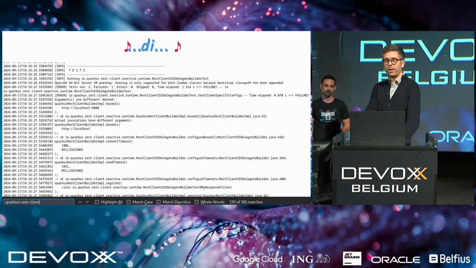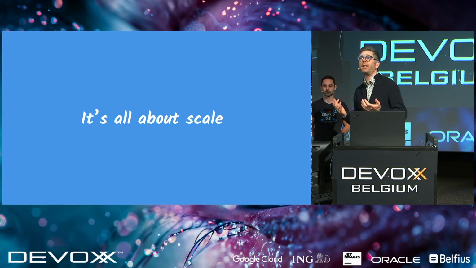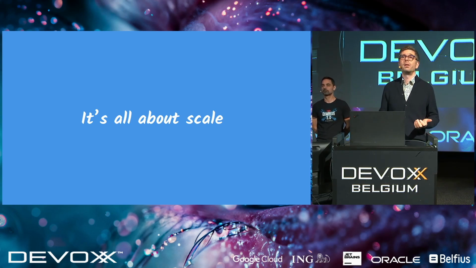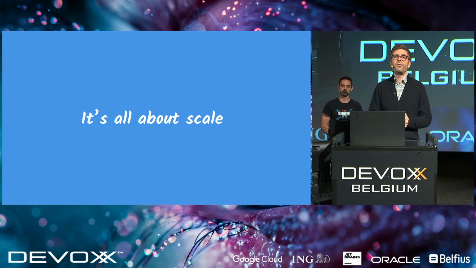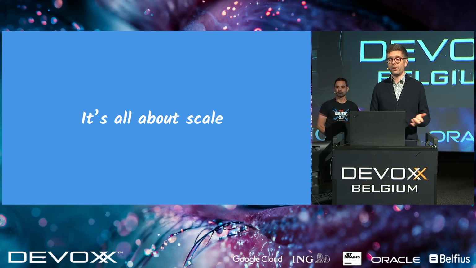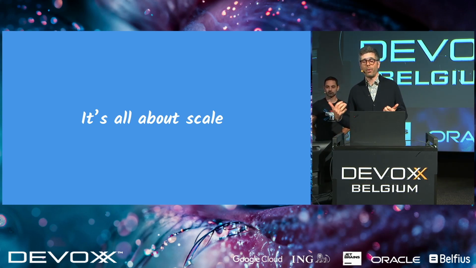And we got to the actual test failure, and we got the details here. Obviously, it's all about scale, meaning that if you are doing that once a day, it's not that big of a problem. If you are doing that 20 times a day, and the project is huge, as the Quarkus project is, then it starts to become a problem.